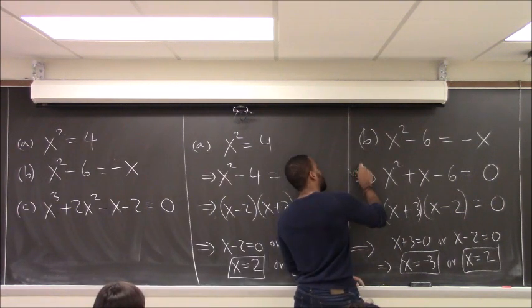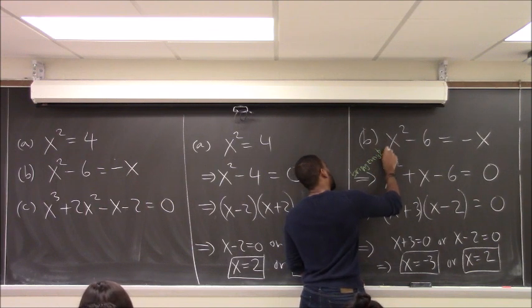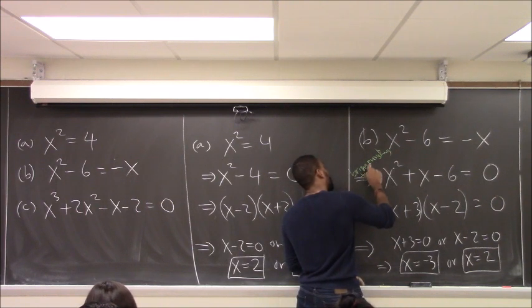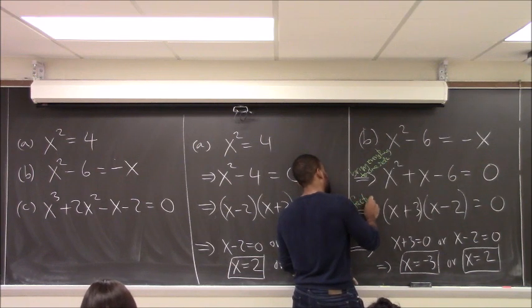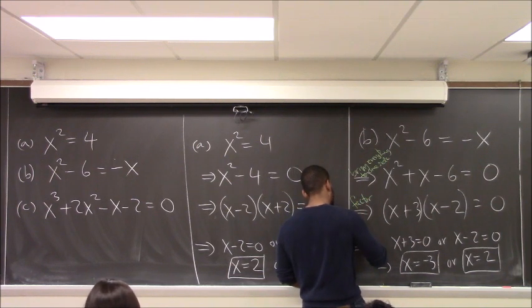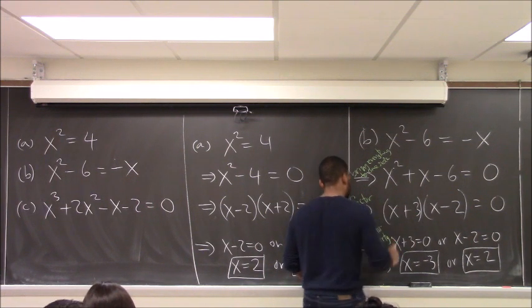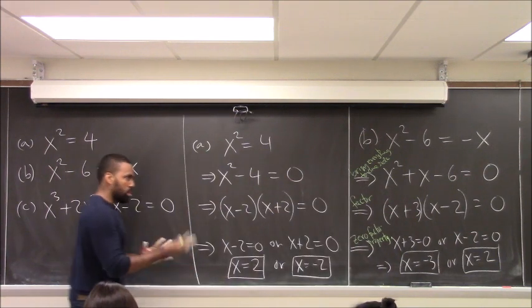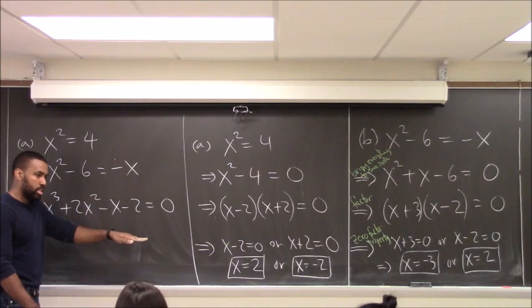Bring everyone to one side. Then factor. Zero factor property. Now I know a lot of you just do this naturally, but I do want to emphasize that every step had a reason.